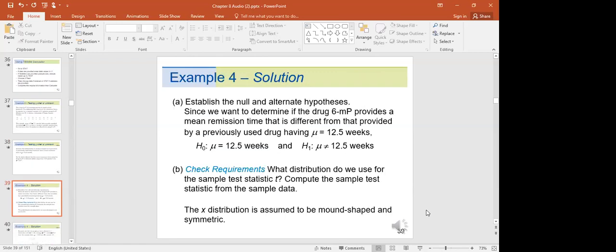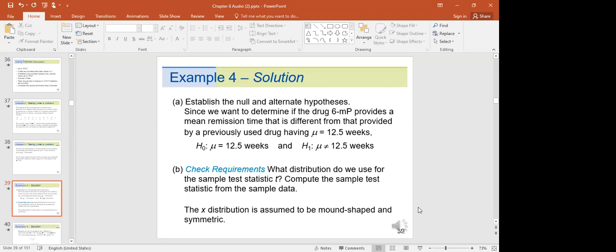So we are going to state the hypothesis. H1, mu is different from 12.5, is our claim, and H0 is mu equals 12.5. So this is a two-tail test because different could be less than or greater than, either way. We should remember that as we are using our calculator.